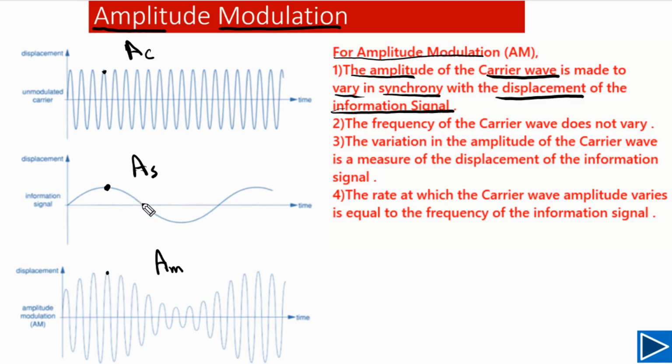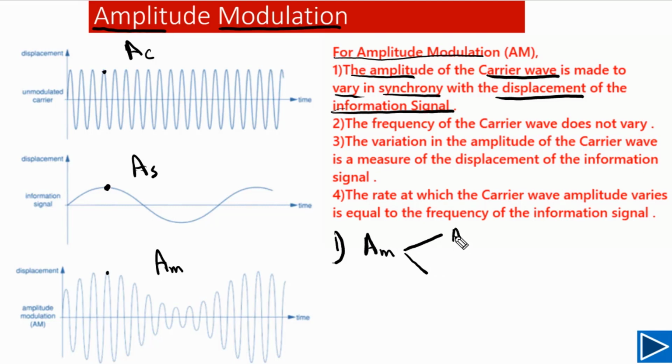And when amplitude of signal is negative, amplitude of carrier wave will decrease and amplitude of modulated wave also decreases. Let me write down in a simple way so you can understand better. So let's say here we have amplitude of modulated wave.